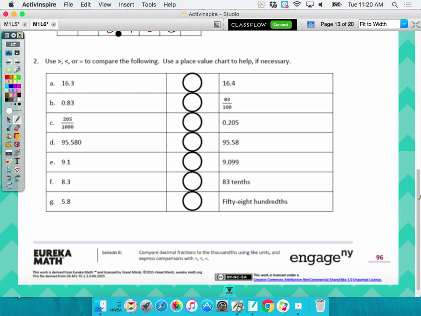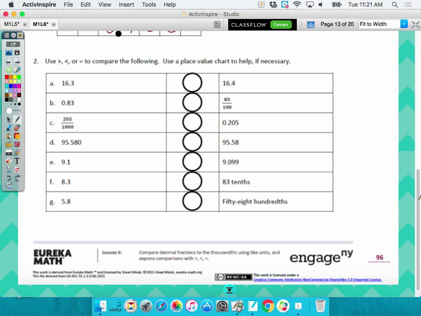Your test is full of things like this that have expanded form and word form and unit form. And I want you to get an A+ on that test. Completely awesome, okay? So in order to do that, you're going to have to follow along with the strategies I'm teaching you today because it's going to make you successful, all right?